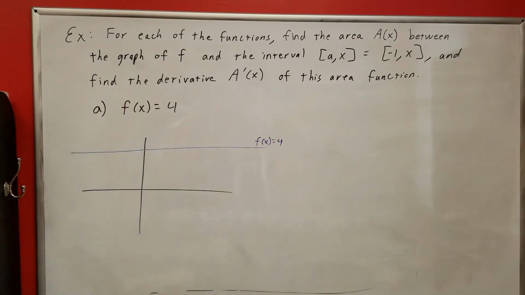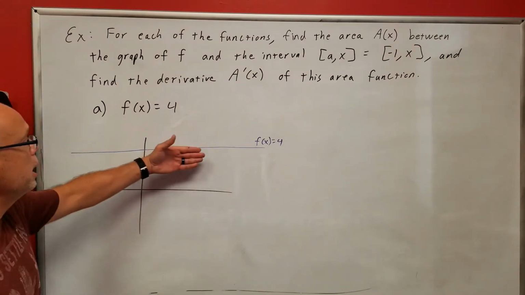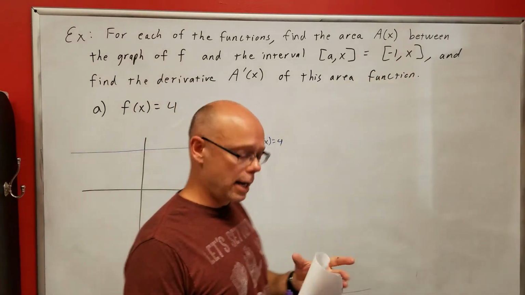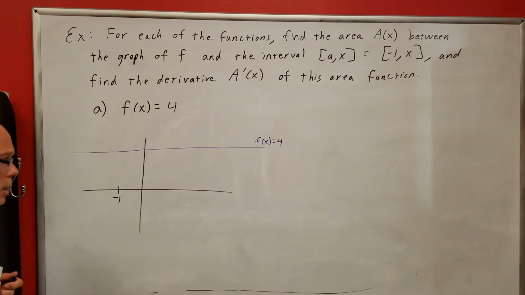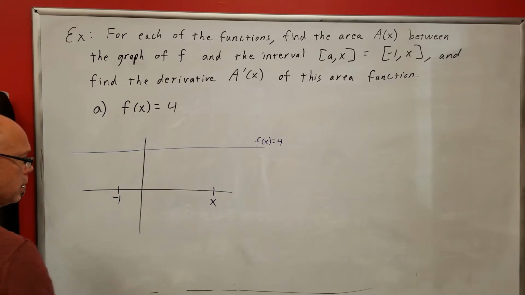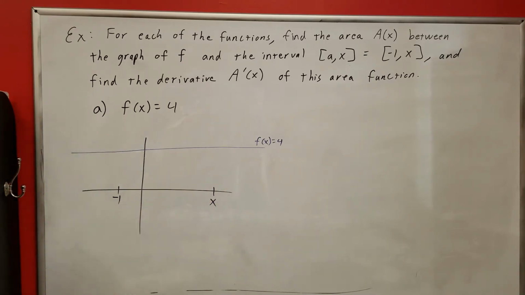Now, what do they want here? They want me to find the area between f and the x-axis and between the interval from -1 to x. So here is about where -1 is, and I'm going to say some x over here, okay? I could put x here, or here, or over there. It doesn't really matter.